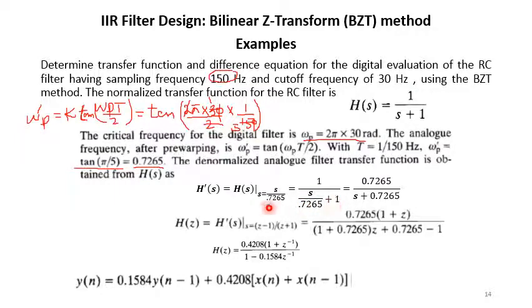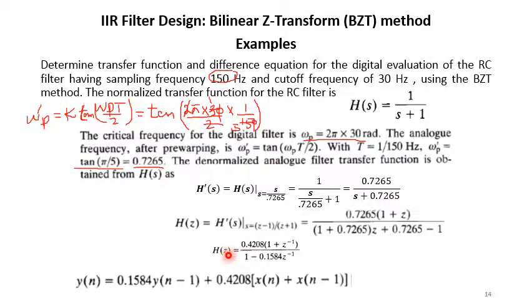If I take this one common from here, then I'll be left with S plus 0.7265, and because this is double divided, it will come here. I think simple algebraic manipulation or simplification is easy for you, right? I mean, you can do it by yourself. So that's what you get.